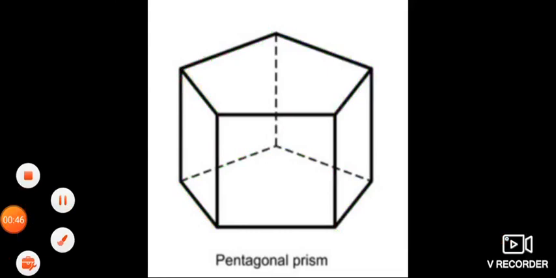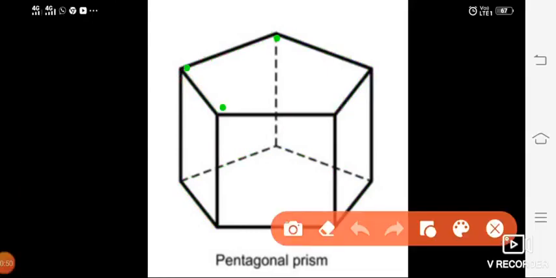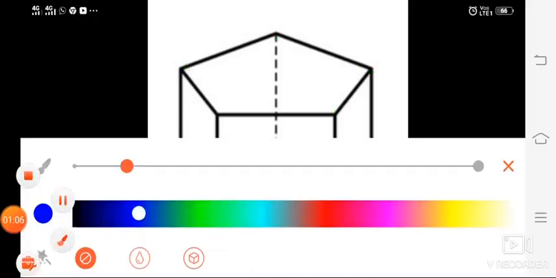Now we will count the number of vertices. So see 1, 2, 3, 4, 5, 6, 7, 8, 9, 10 are the number of vertices. Means it has 10 vertices. Now we will count the number of what? Correct. Edges.